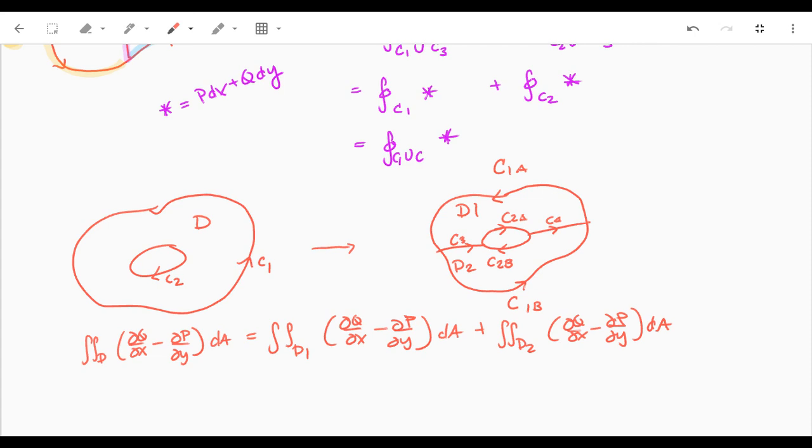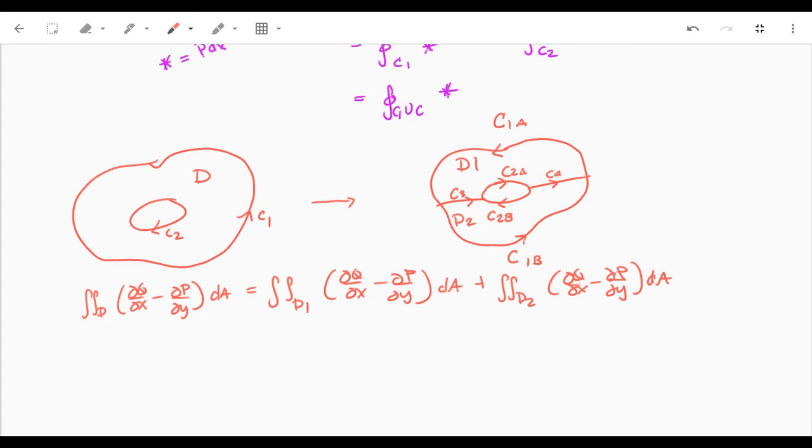If I'm over D1, I've got C1A, C3, oops, I should use union signs here, C2A, C4, that's going to be P dx plus Q dy. And this is all the subscript here, so I'm just trying to save space.